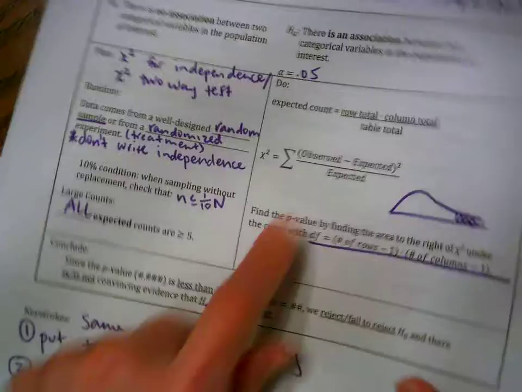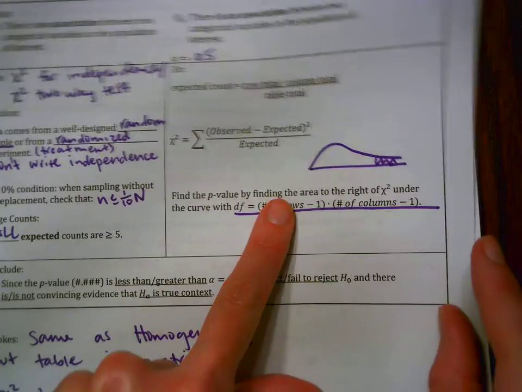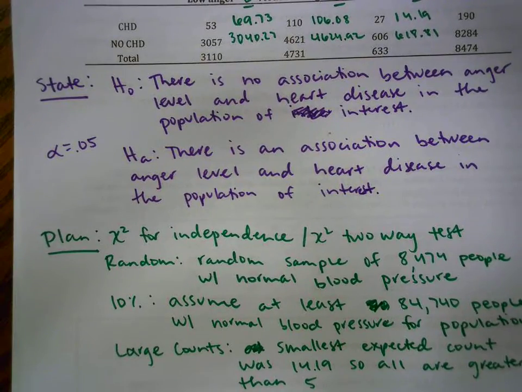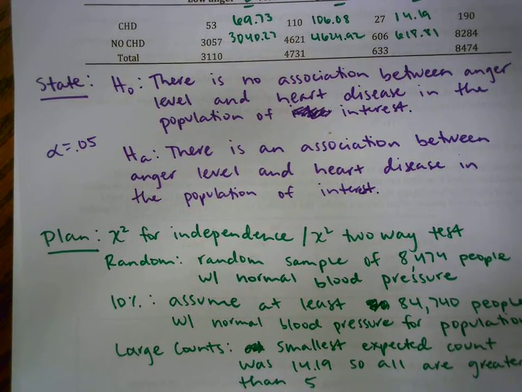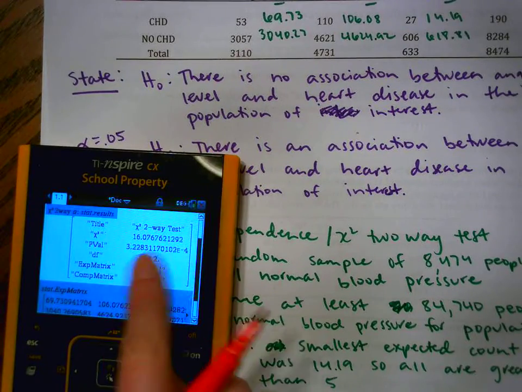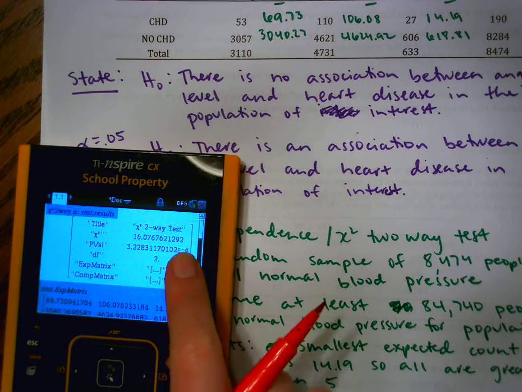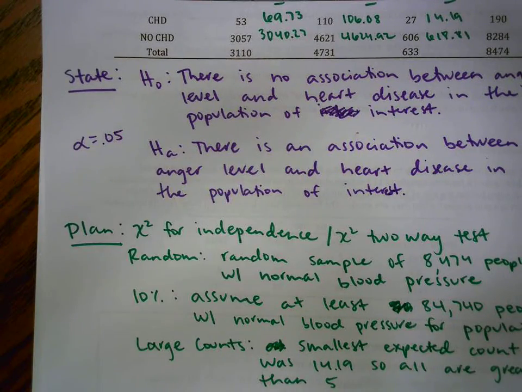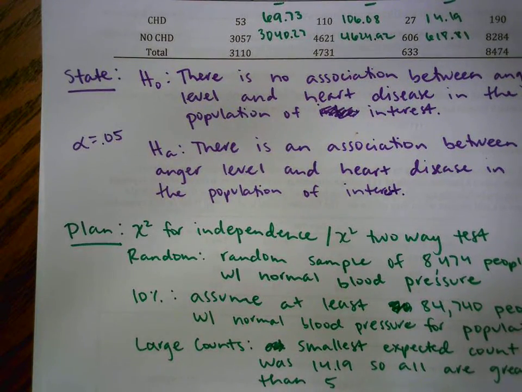I don't want y'all to forget these formulas just because we're using the calculator. And your p-value is 3, to the -4, because it's so small. Move your decimal over 4 times.